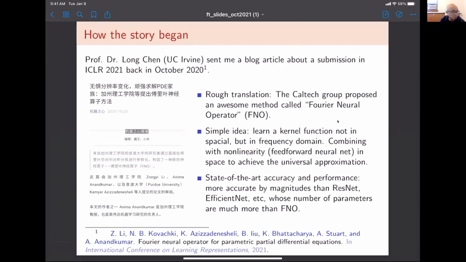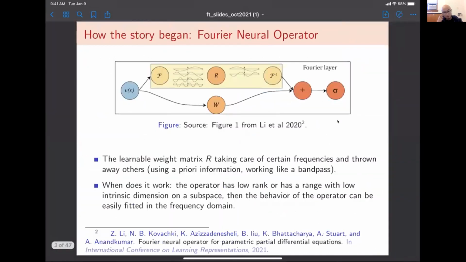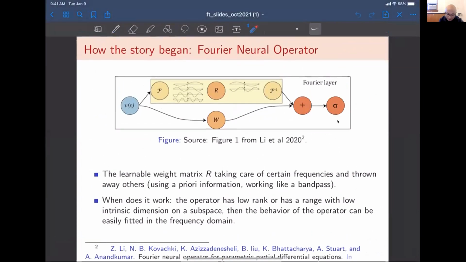So the idea is pretty simple. Basically, it's like a simple regressor in the frequency domain. I stole this image from their paper, and what happens here is they have some input function. They do this Fourier transform, and they have all this bandwidth, like representation in waves. And this one is a learnable weight.